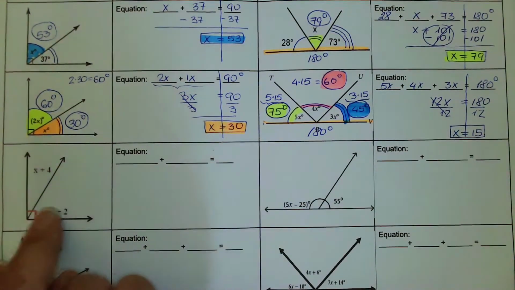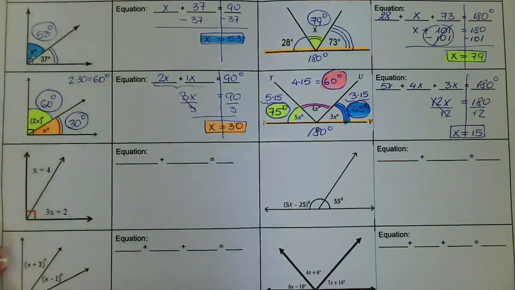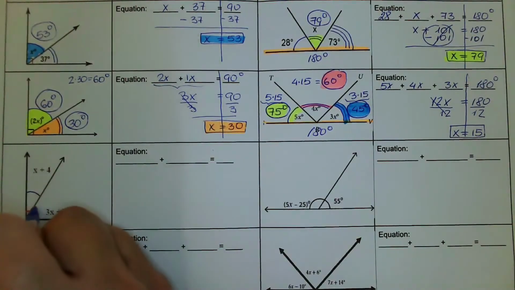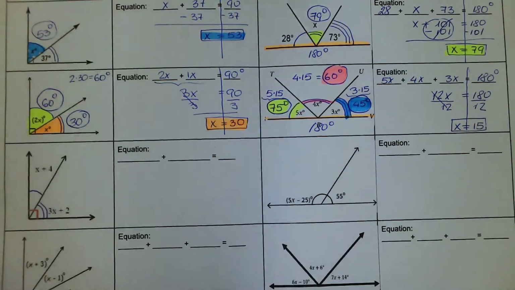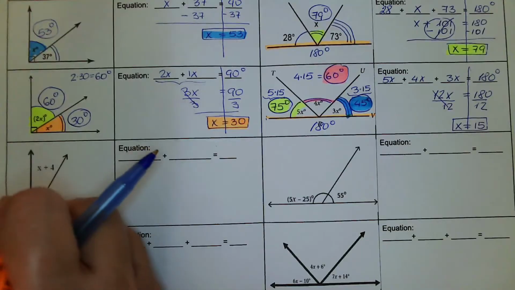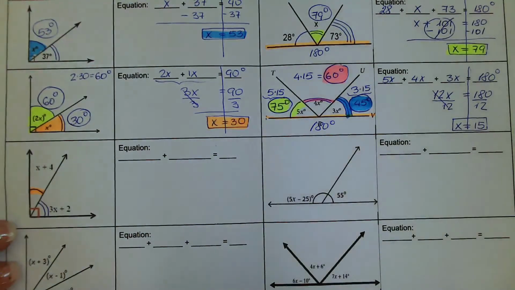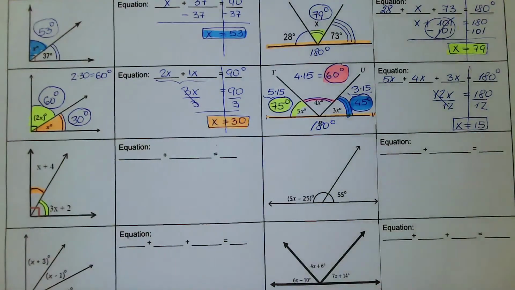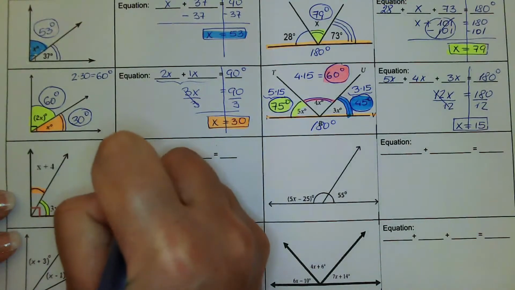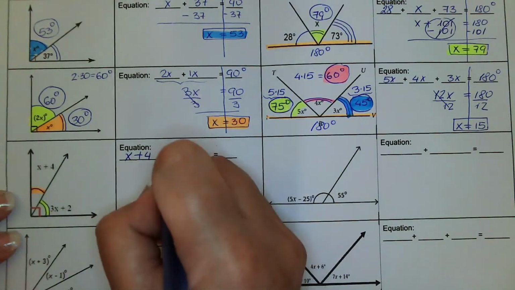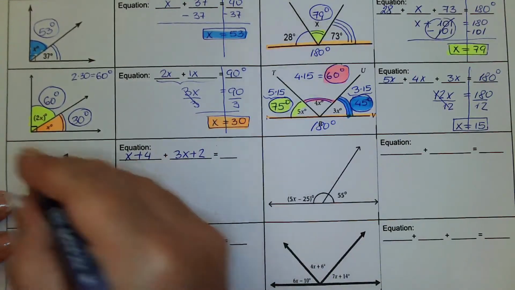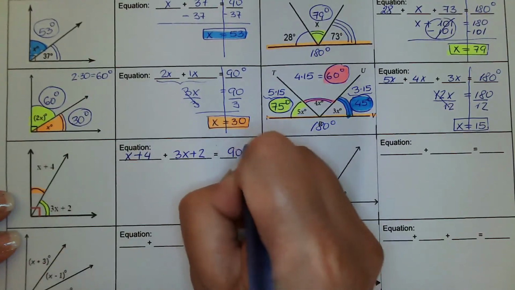Back to the 90-degree intersection, 90-degree complementary relationship. So this angle and this angle have to add up to 90 degrees. So we have two expressions inside the 90-degree angle, means that x plus 4, one expression, plus 3x plus 2, the other expression, together have to add up to 90 degrees.